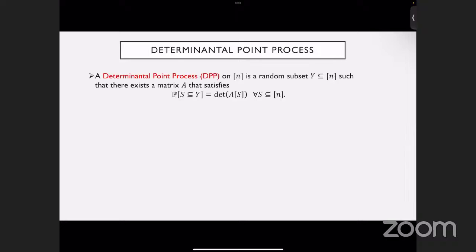A determinantal point process on a subset of integers 1 to n is a random subset Y such that there exists a matrix A that satisfies this property: for a given subset S, the probability that the random subset Y contains S is equal to the principal minor corresponding to the set S. Such a matrix is called the kernel of this determinantal point process.